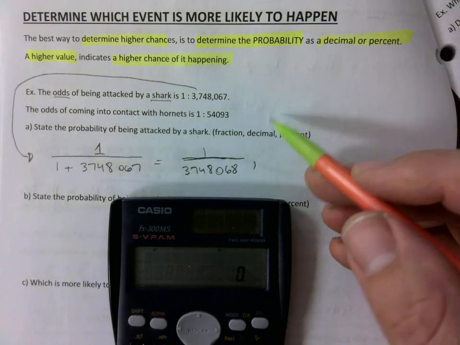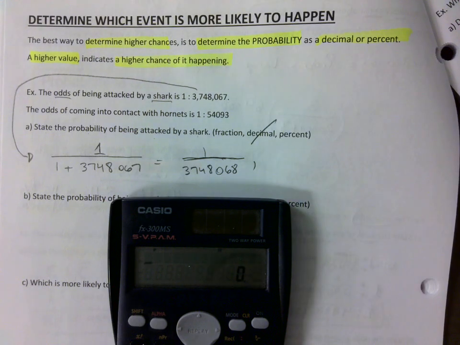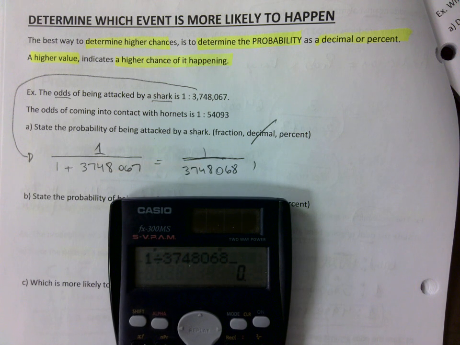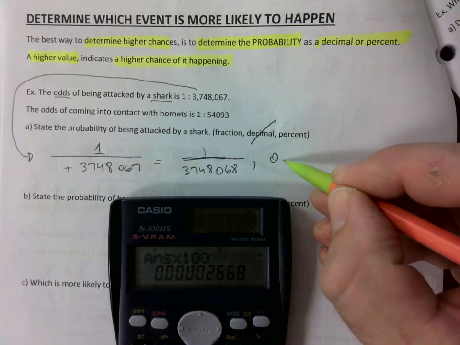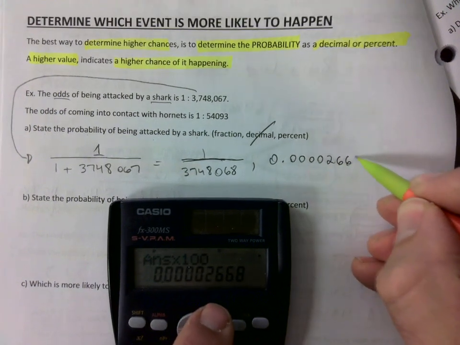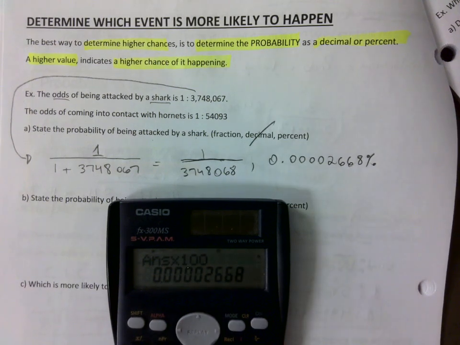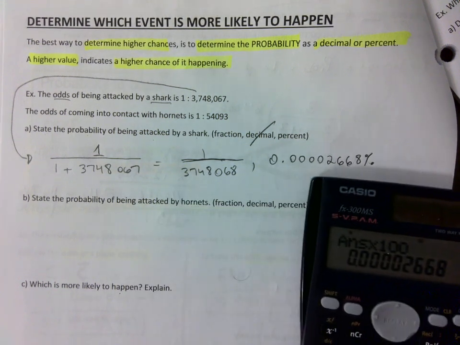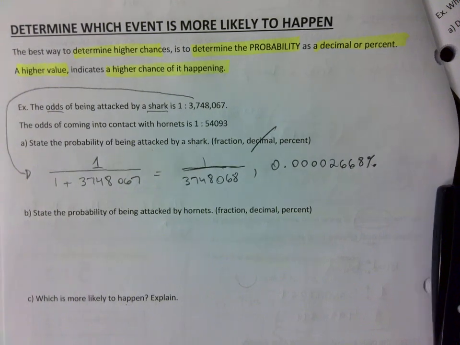We're going to skip the decimal. We're going to go straight to percent. So we're going to go 1 divided by 3748068. Right? We divide it, and then we're going to multiply that by 100 right away to get our percentage. What is that? 0.1234 zeros. I'm just going to write down the whole thing, everything that my calculator is showing me. That's the chances of being attacked by a shark. So you just go swim away, man.